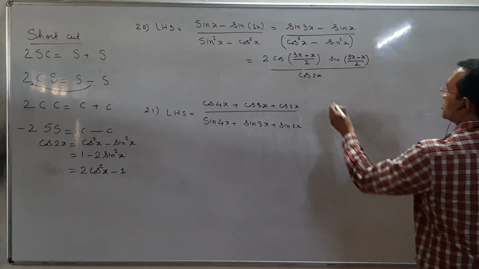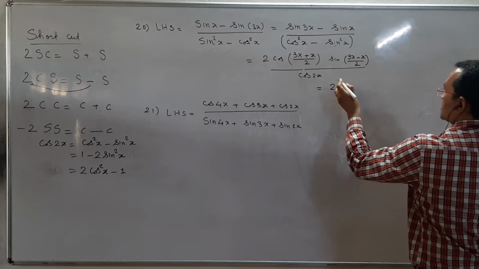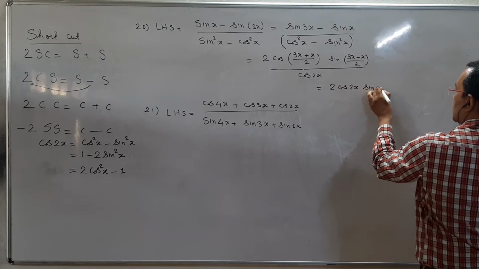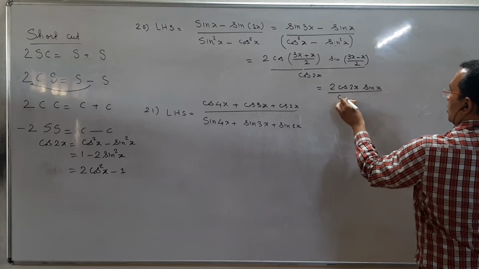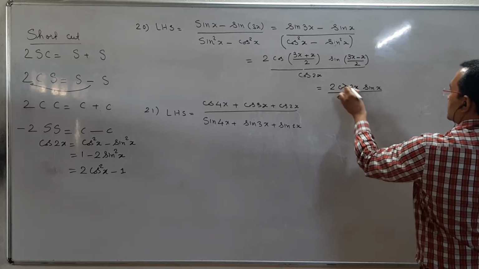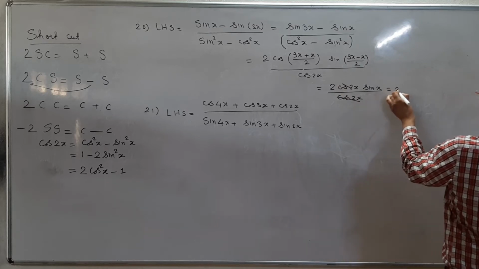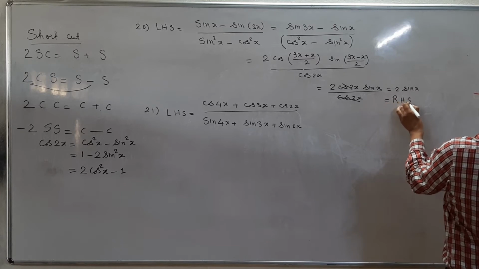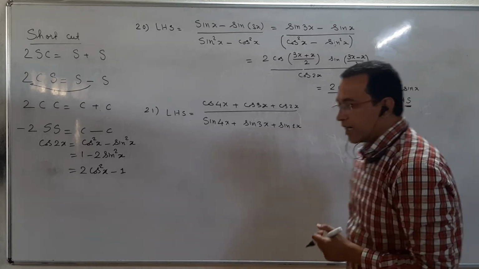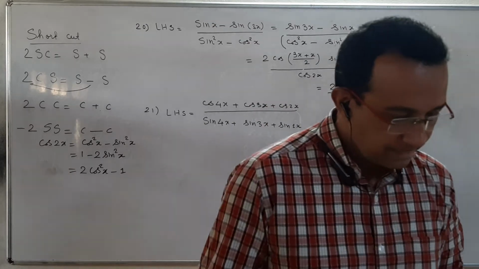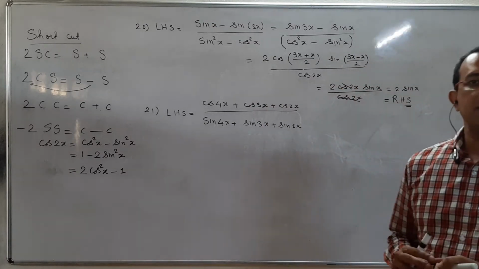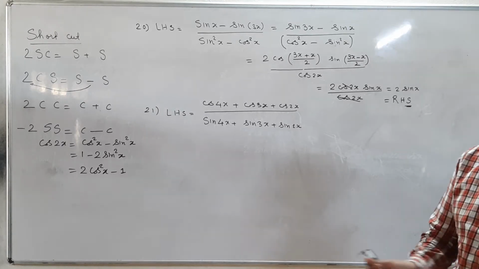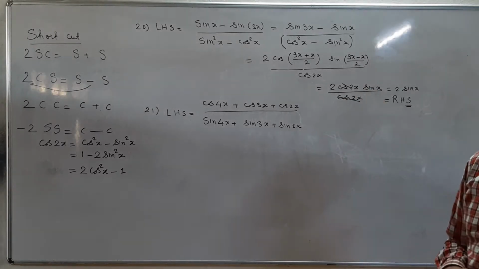So this changes to twice cos of 4x by 2, so 2 cos 2x sin x upon cos 2x gets cancelled, and the remaining is 2 sin x, and that is our RHS. We want the answer as 2 sin x, students. That is our answer.